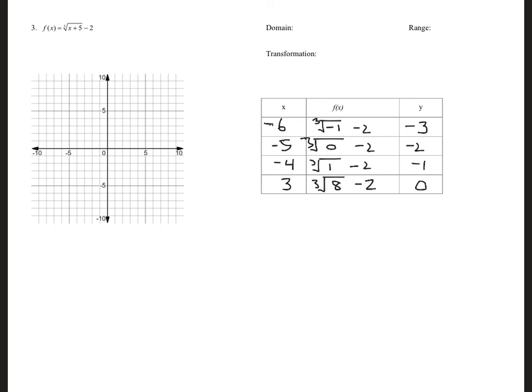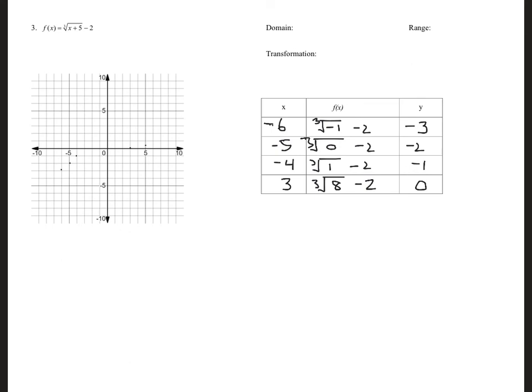Now we can graph our values. So negative 6, negative 3, and then negative 5, negative 2, and then negative 4, negative 1, and then 3, 0, right there. And then it's also good to know how the function looks.